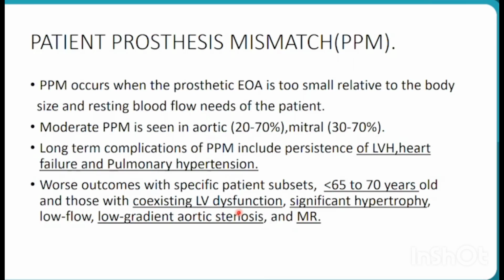There are specific patient subsets who fare very severely in case of an established PPM: patients who are 65 to 70 years old, who already have a coexisting LV dysfunction, are subjected to high gradients across the valve, who have significant hypertrophy and LV dysfunction associated low flow, low gradient aortic stenosis, or in case of mitral valve, a severe mitral regurgitation. These subsets will fare poorly when they have PPM.